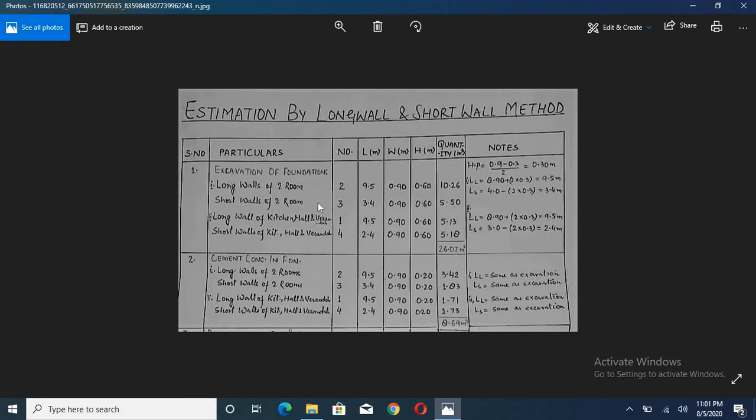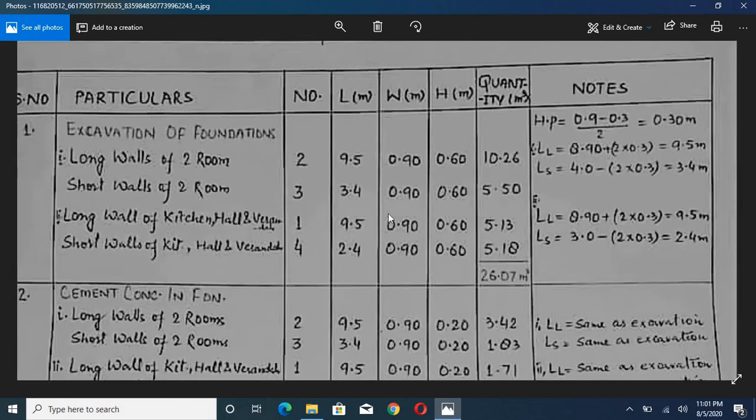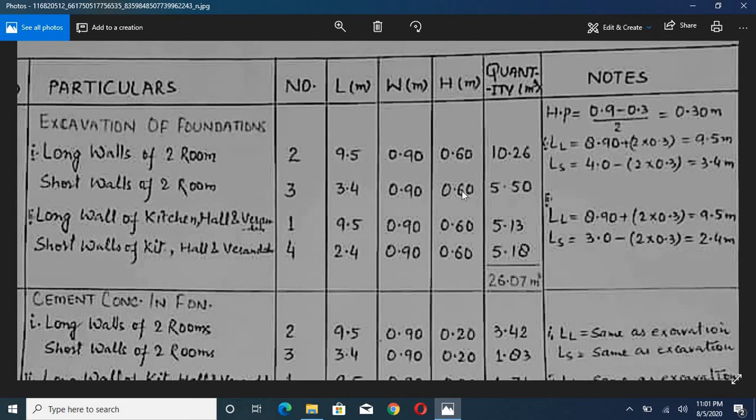Short wall of 2 rooms, number is 3, length is 3.4, width is also 0.9, and height is 0.6. Now we should know where this 3.4 has come from and what the 3 numbers are.